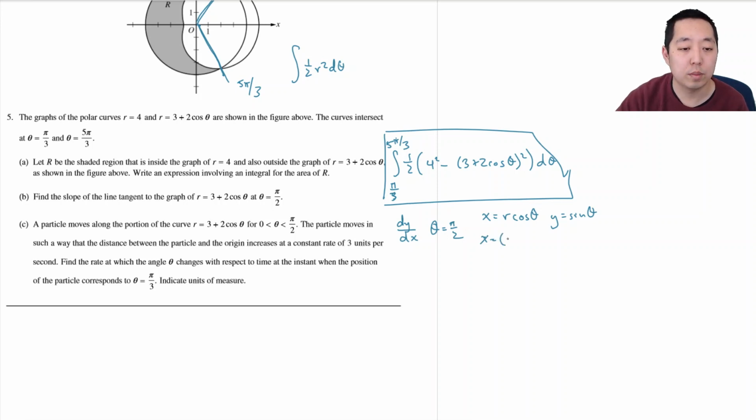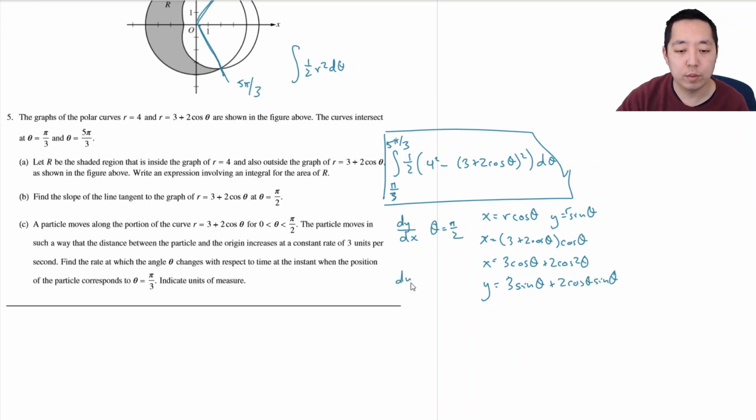R is 3 plus 2 cosine theta. So x is equal to 3 cosine theta plus 2 cosine squared theta. And then y is equal to r sine theta, so 3 sine theta plus 2 cosine theta sine theta.